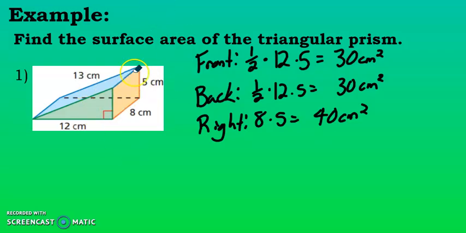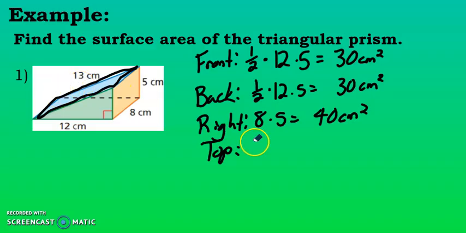Next, I'm going to call this, I guess, you could call it the left side, you could call it the top. Honestly, this actually proves a point here. You can call it whatever you want. Whatever way you need to say it to stay organized, you do it. So if you want to call it the left, feel free to call it the left. I'm going to call it the top side because it just looks more like the top to me. But regardless of what I call it, it is a rectangle.